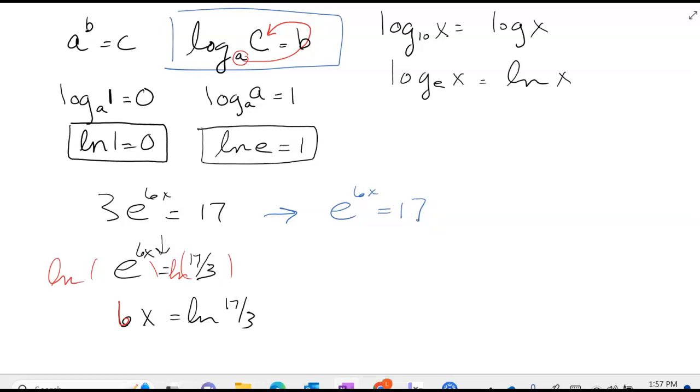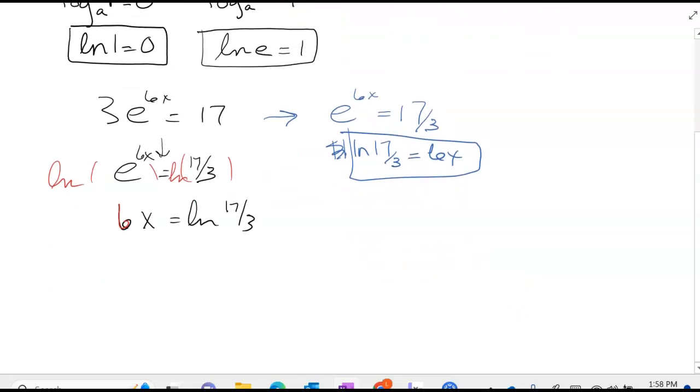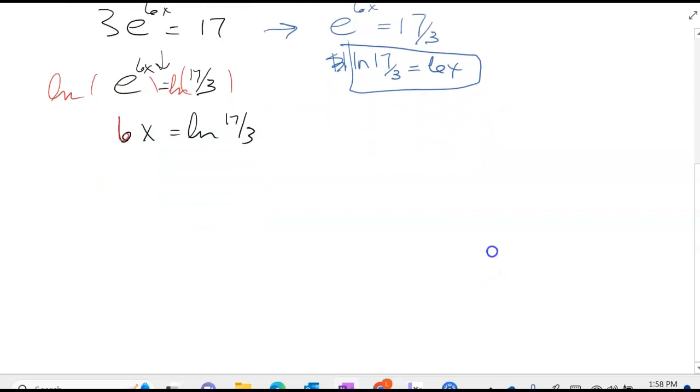So divide out any coefficients it has, and then that's just ln base e of 17/3 equals 6x. So however you want to do it. Then from there you can easily solve the problem because you can put ln 17/3 into your calculator and divide by 6. So hopefully you remember some of your basic exponential equations.